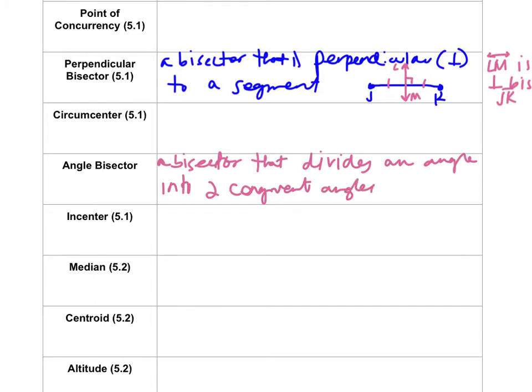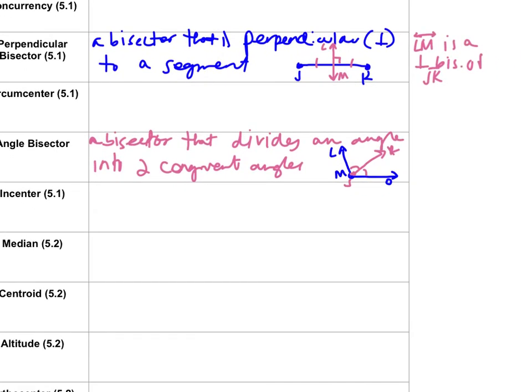If we were to do an example, I would have, let's say, angle LMO, and then our angle bisector we could say is JK. So JK is an angle bisector of angle LMO.